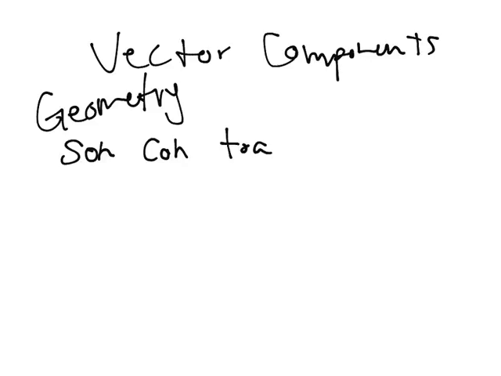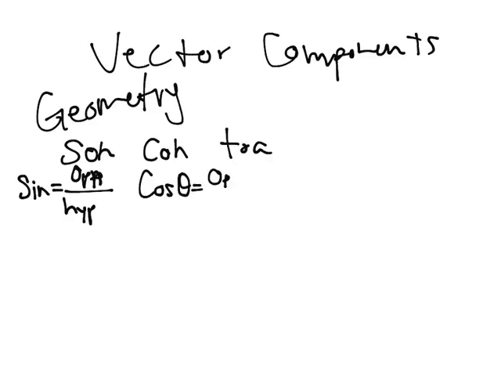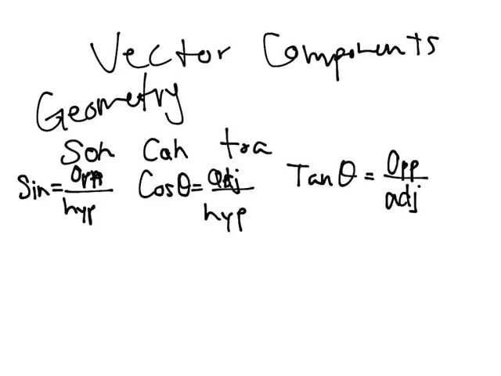SOHCAHTOA stands for sine theta is equal to the opposite over the hypotenuse. Cosine theta is equal to the adjacent over the hypotenuse. And TOA stands for tangent of theta is equal to the opposite over adjacent.